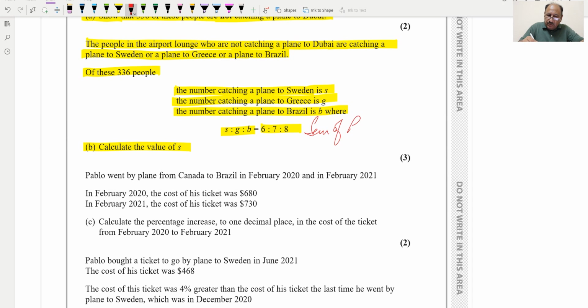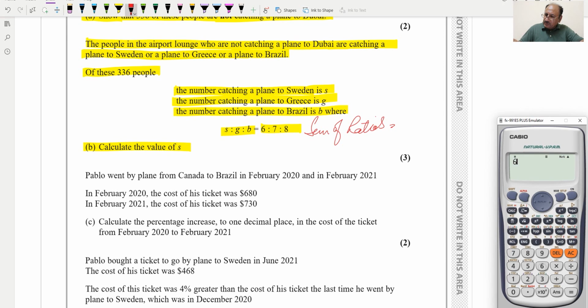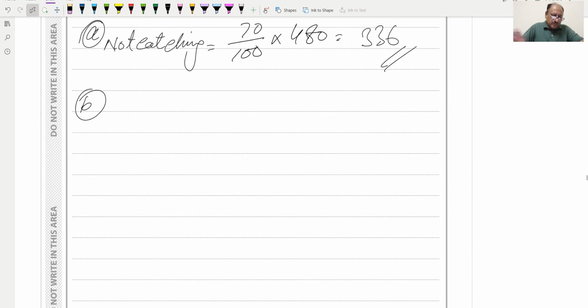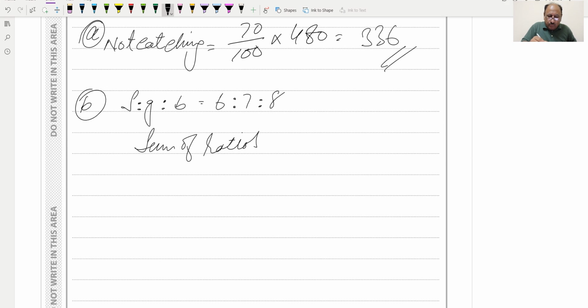The sum of ratios is equal to 6 plus 7 plus 8, which is 21.